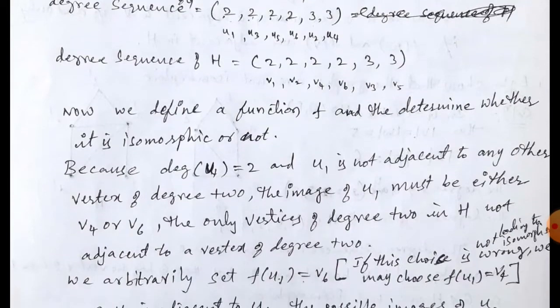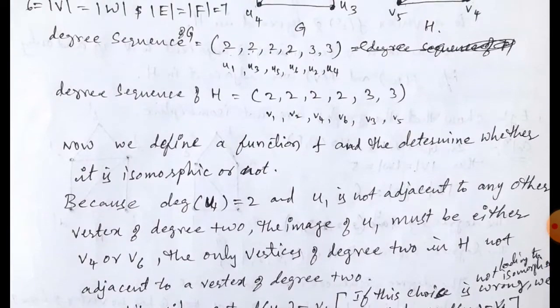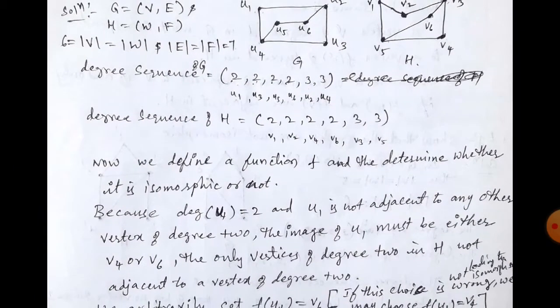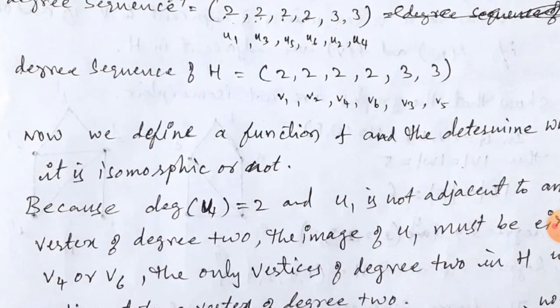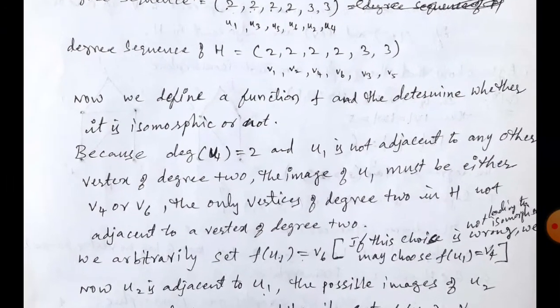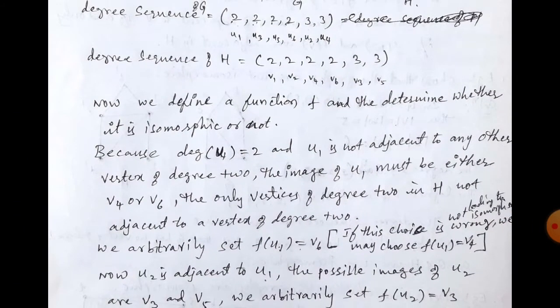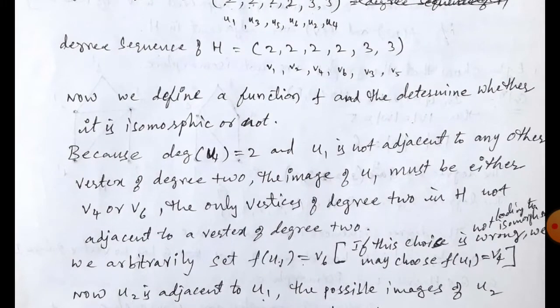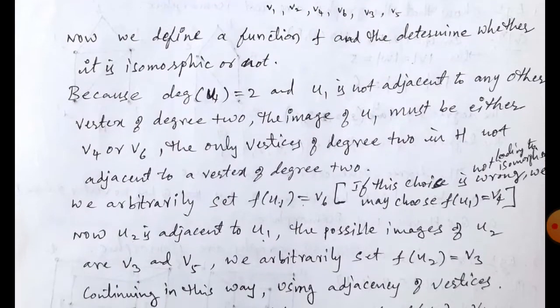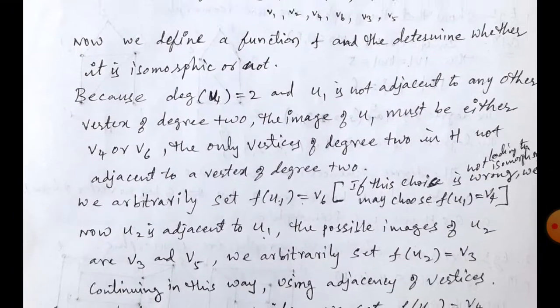Now, still observe, we define a function f and we determine whether it is isomorphic or not. I mean whether f is an isomorphism or not. For this, the adjacency property should be satisfied, then only will we say that f is isomorphic. For a mapping, we have to define the mapping, and for that mapping we can check whether the adjacency matrix is the same or not.